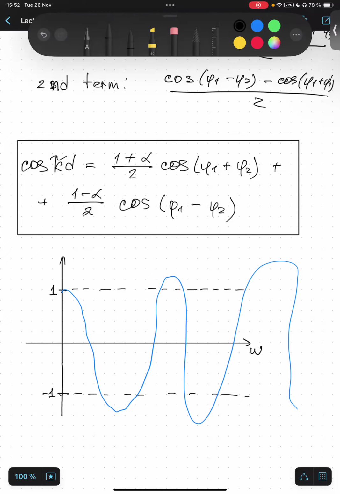But here you see these regions where we have no real solutions in such systems. So basically it is a band gap. Here comes the band gap, mathematically.